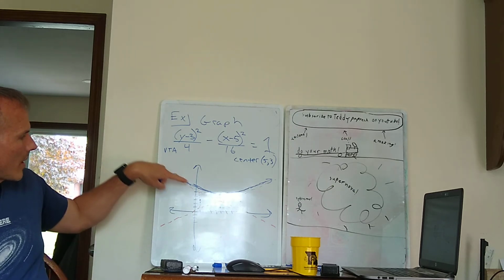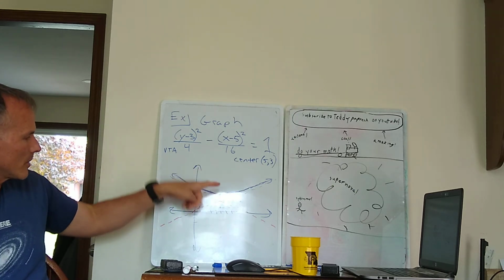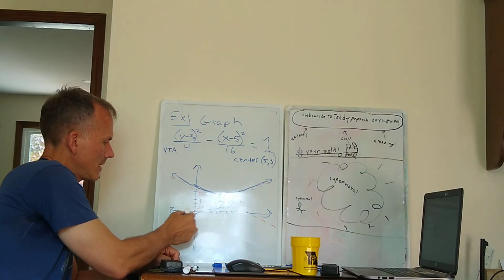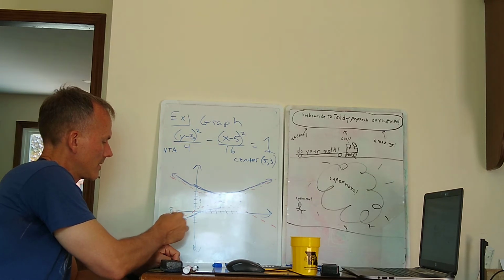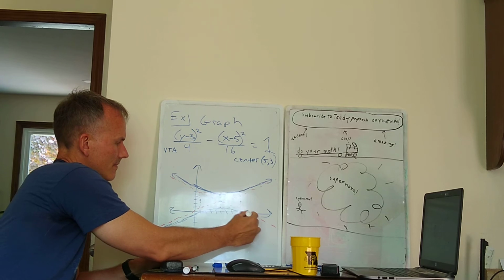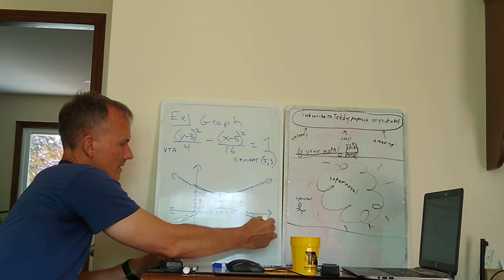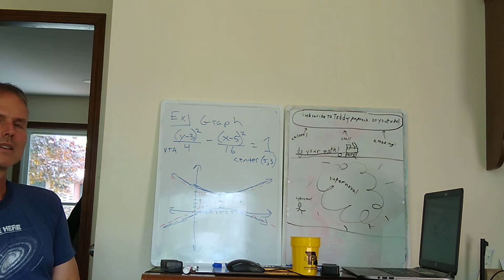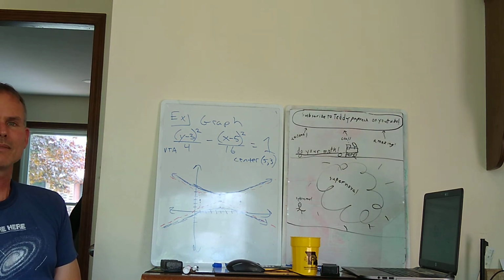So there is one branch of the hyperbola. The other one, of course, is down here. It's going to go through this vertex, approach that asymptote, curve around like this, and approach that asymptote. That's a hyperbola.